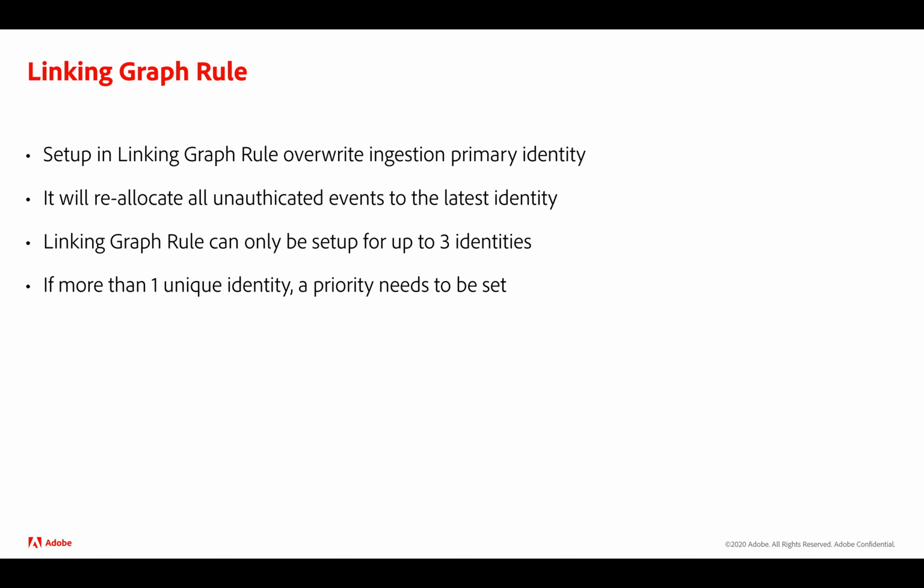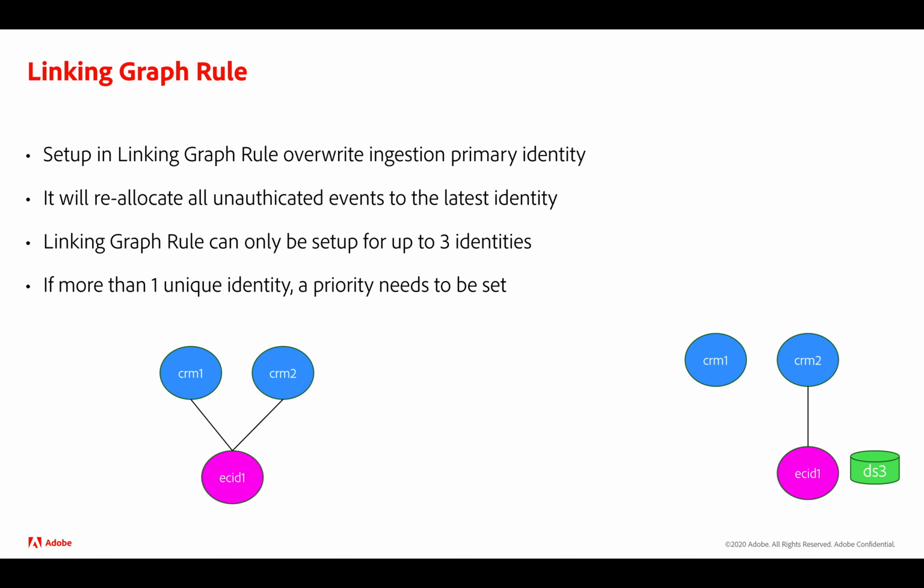So if you have CRM ID and CRM ID2 as two different namespaces, and you have CRM ID as the primary one that should be unique, and CRM ID2 as unique but as a second tier, and you send the reverse in the payload, it will automatically switch it back based on the linking graph rule you have defined. So you need to be very careful with that setup. I recommend you read everything. It's very complex. I'm trying to give you an overview and at least make you aware of that capability before you set up.